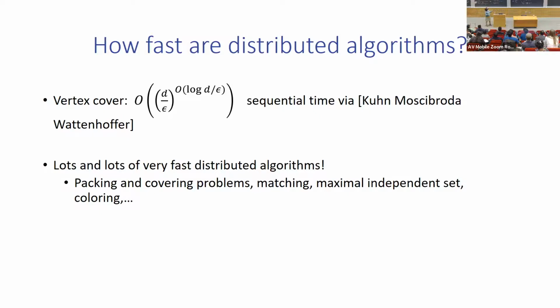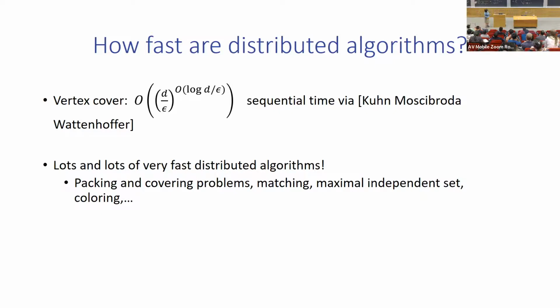What I know is it yields, using this Parnas-Ron reduction, a D over epsilon to the order log D over epsilon sequential time algorithm for approximating vertex cover using this method, okay? And what I want to say is there's lots and lots of other fast distributed algorithms. I'm not going to describe them today, but I just want to say there has been major improvements in this area.